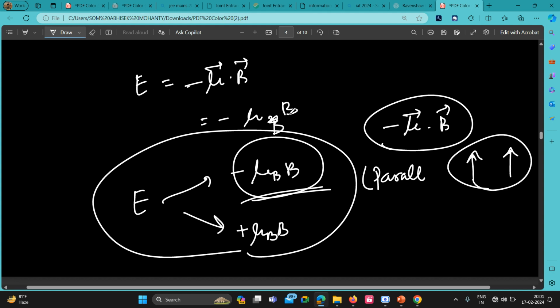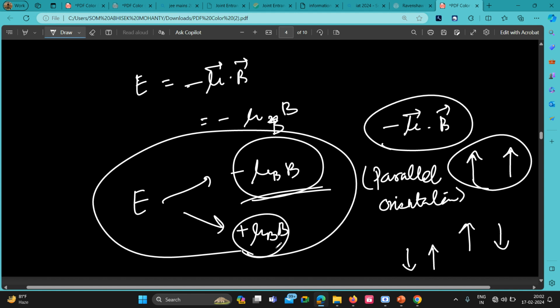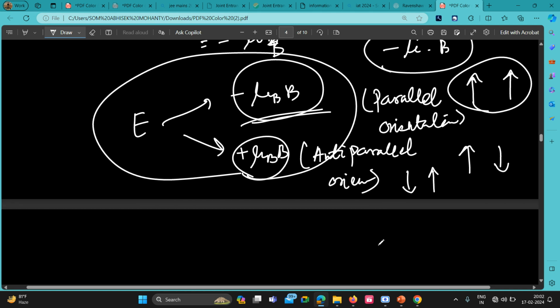Then minus mu B cos theta, with cos theta equal to 1, becomes minus. The plus mu B is for anti-parallel orientation, where the spin is down and the magnetic field is up. So we got two values of E.